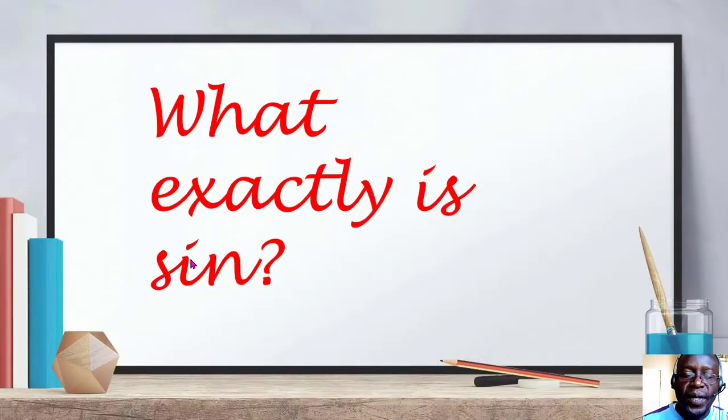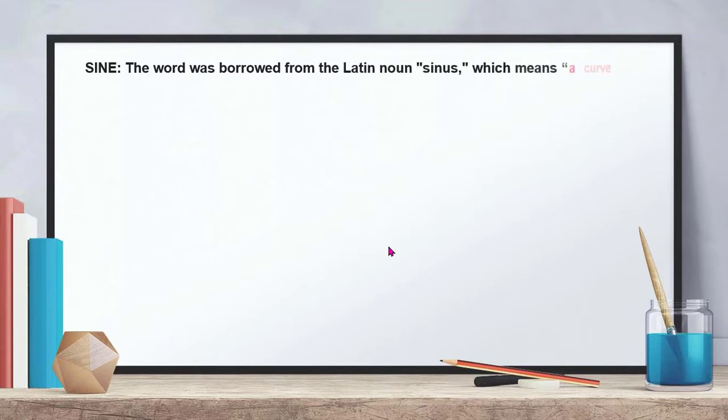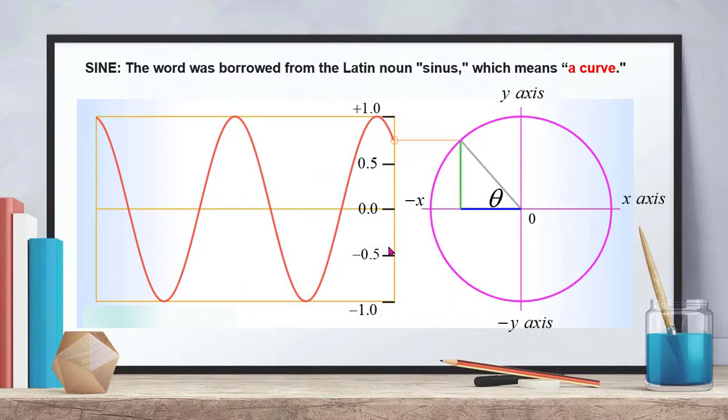Now, what exactly is sine theta? Where does it come from? The word sine was borrowed from the Latin noun sinus, which means a curve. Consider the diagram.